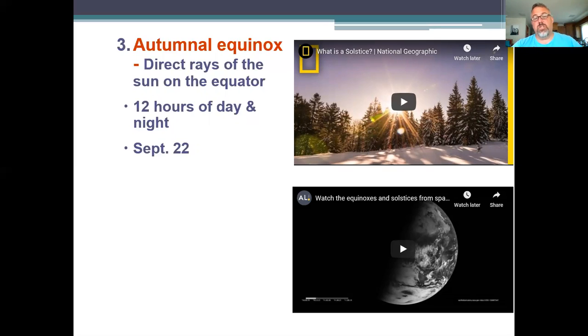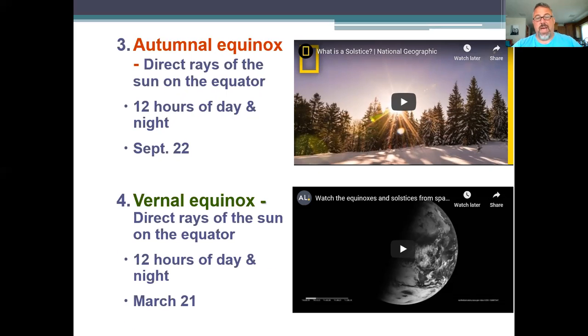Now, here's the deal. If you look at the autumnal and the vernal equinox, direct rays on the equator, direct rays on the equator. So the sun is directly over the equator in the autumnal equinox and the vernal equinox.